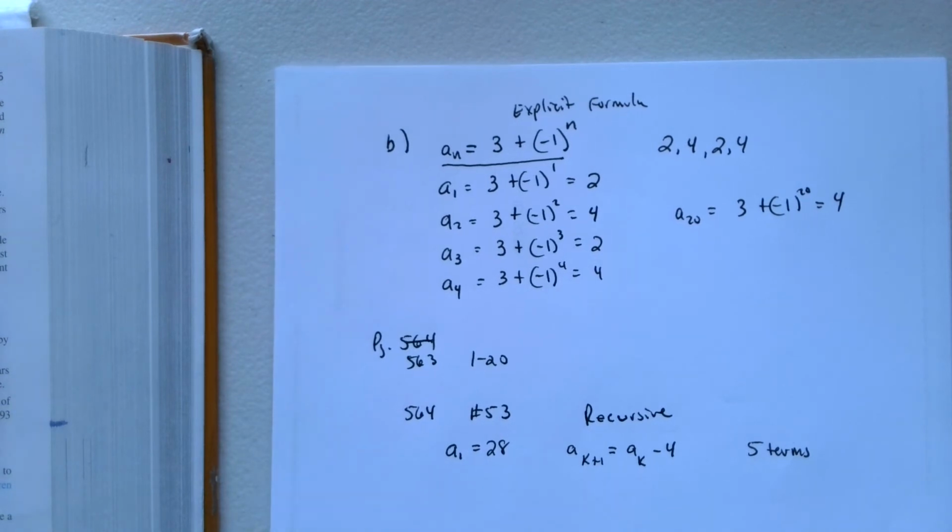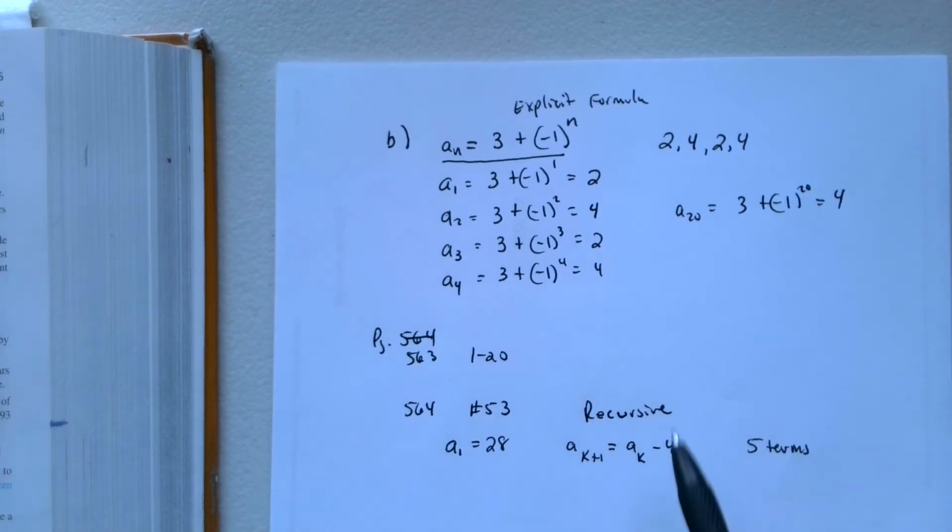So when we look at this, this is a sub k, and this is a sub k plus 1. So a sub k would be in front of a sub k plus 1. So we know the first term is 28. If a sub k is a sub 1, then 1 plus 1 is 2.